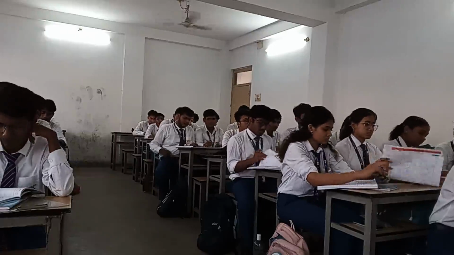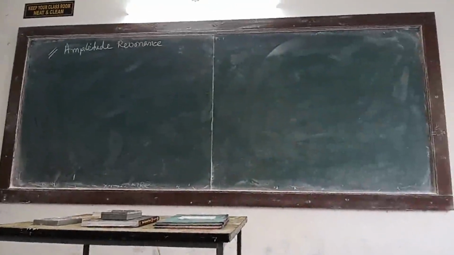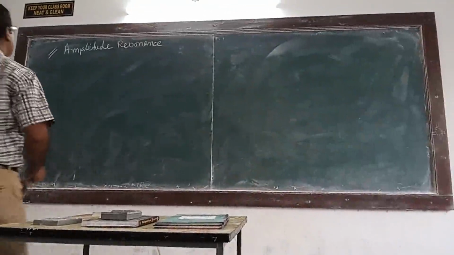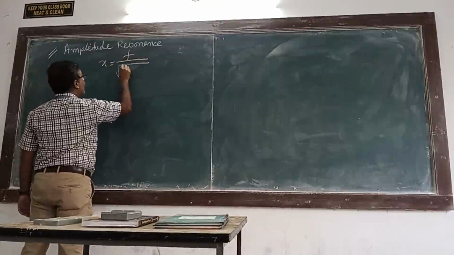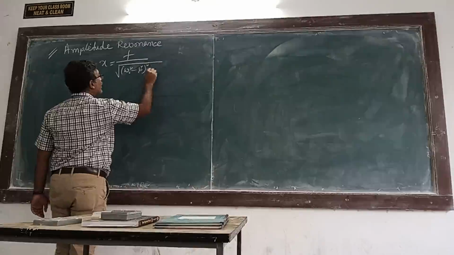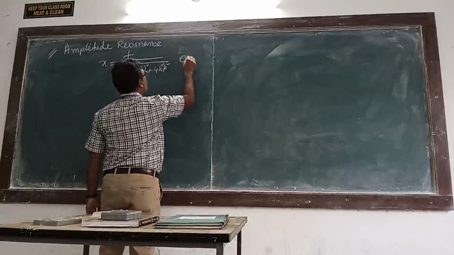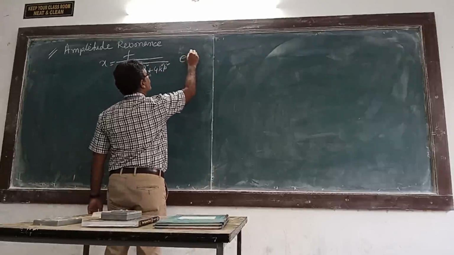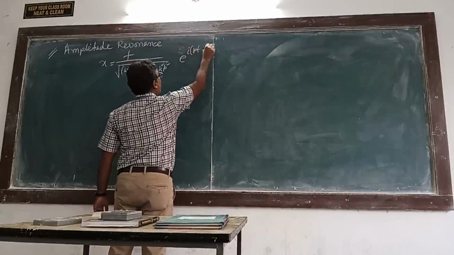The displacement for the forced vibration is x equals F by root over omega 0 square minus p square, into e to the power i(pt minus delta).